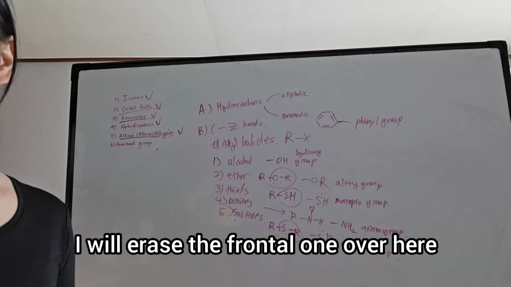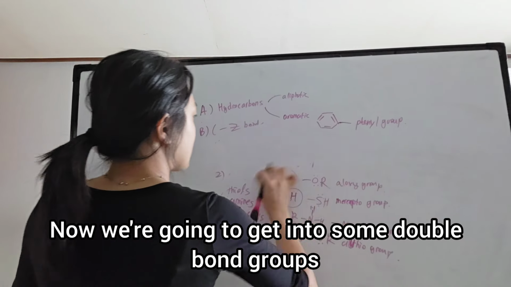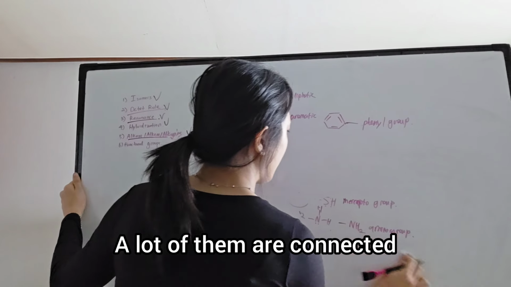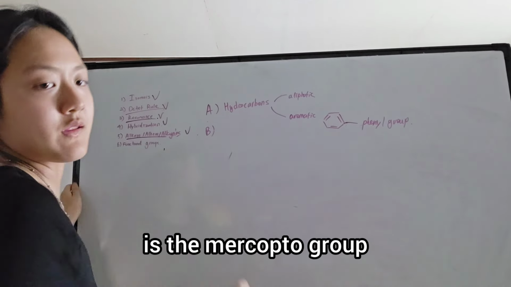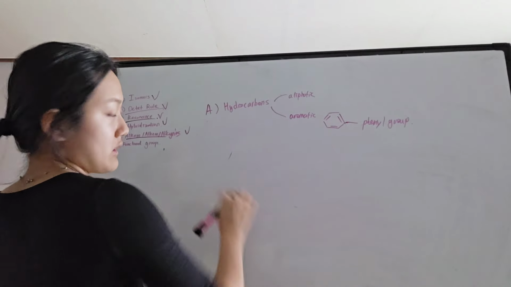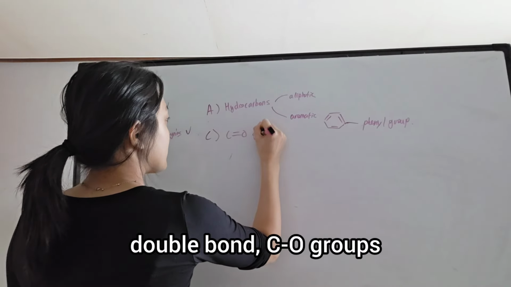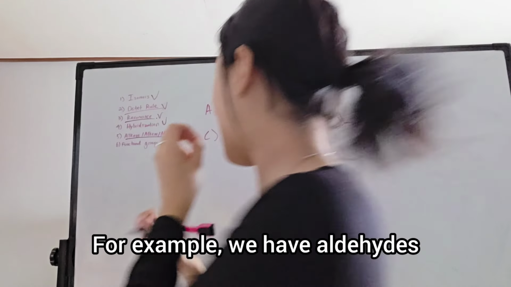For the third group, I will erase the frontal one over here. Now we're going to get into some double bond groups. A lot of them are connected. And one thing I'm going to have to remember is the mercapto group. But if we move on to the CO double bond, CO groups, then we have a lot more to talk about. For example, we have aldehydes.